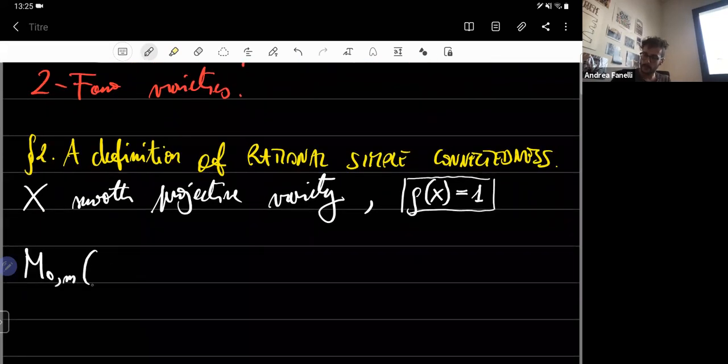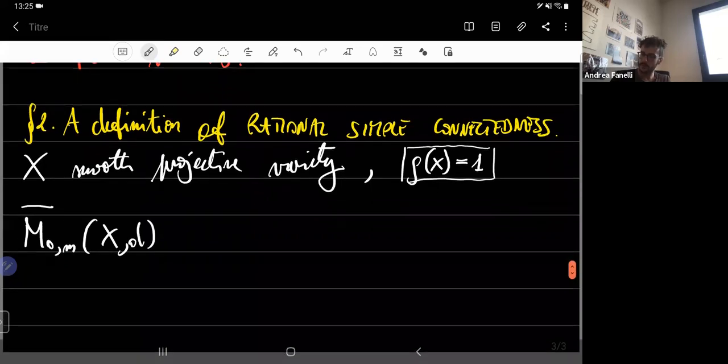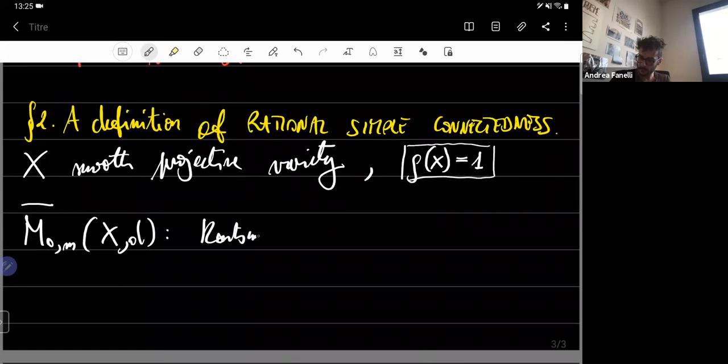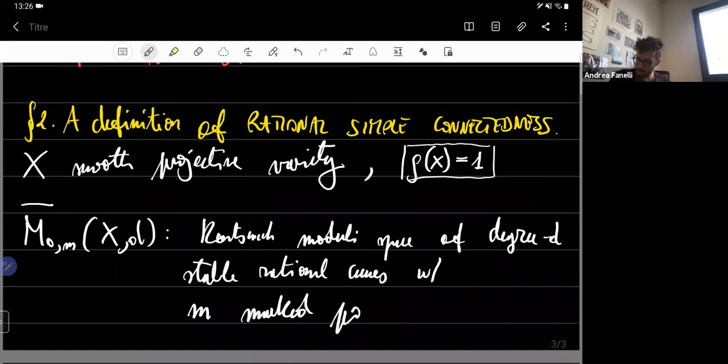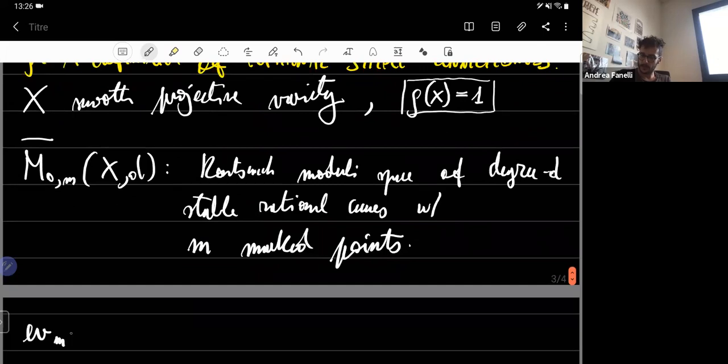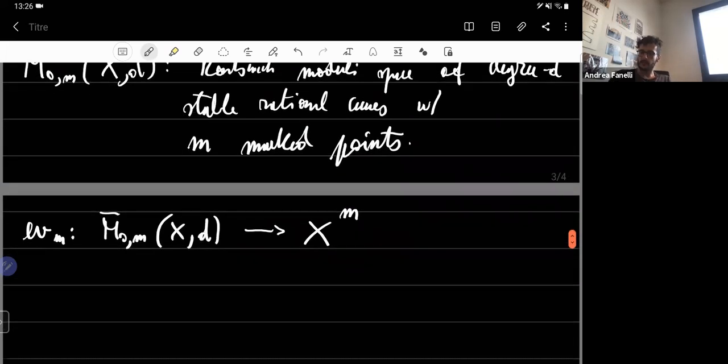Also, some notation I need to introduce. I will consider the Kontsevich moduli space of degree d stable rational curves with m marked points. Of course, this comes with an evaluation map to X to the power m. And what is the remark, which is obvious if you want, but let me do it.